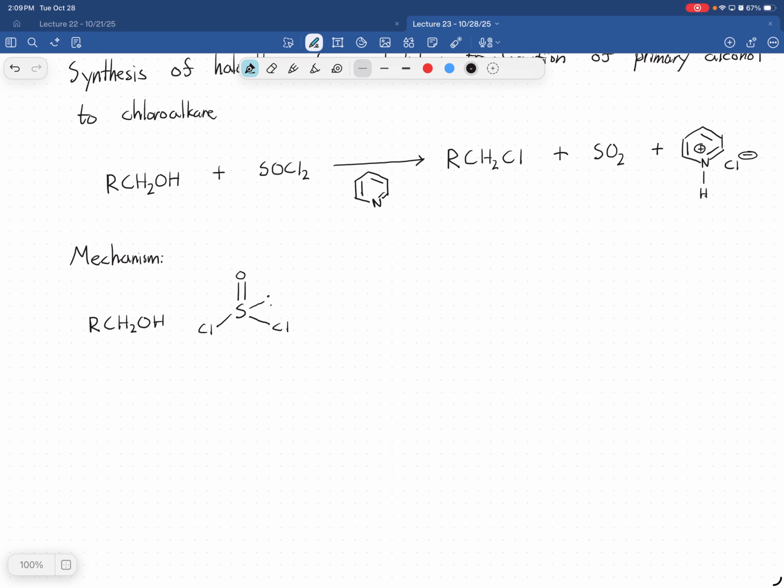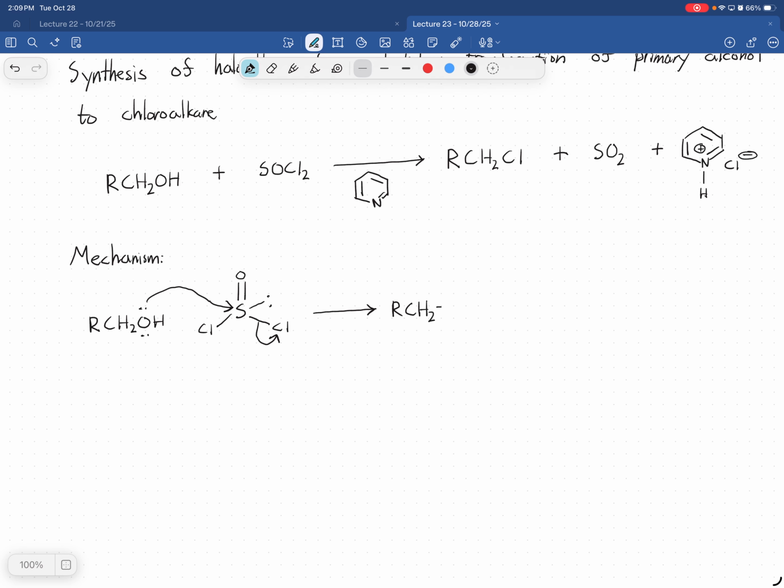So I'll just draw a bond to it. Here's the lone pair. So it's actually sp3 hybridized. It's tetrahedral. So what happens first is your alcohol is going to displace one of these chlorines and bond to the sulfur. So SN2-like reaction. When that happens, your alcohol is now converted to a better leaving group.